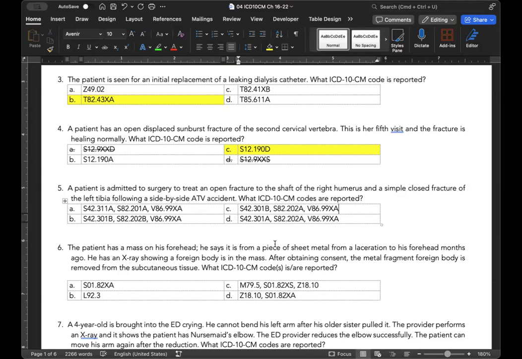Let's go to S42.301. And that's the unspecified fracture of the shaft of the humerus of the right arm. So it's the right humerus. And then are we going to use letter A or letter B?